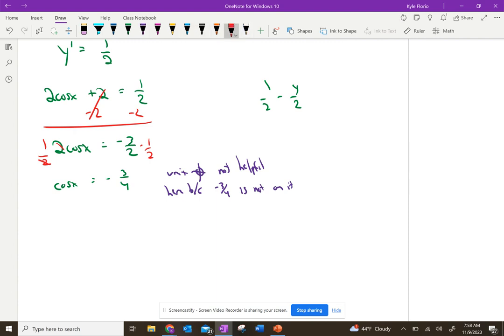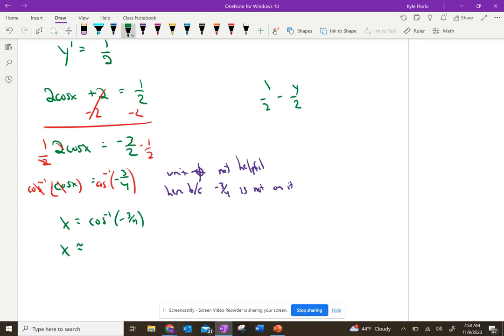So I need to use the inverse function of cosine x, which is called inverse cosine. So I take the inverse cosine of both sides. The inverse function undoes the cosine function, so I get x equals whatever the inverse cosine of negative 3/4 is.